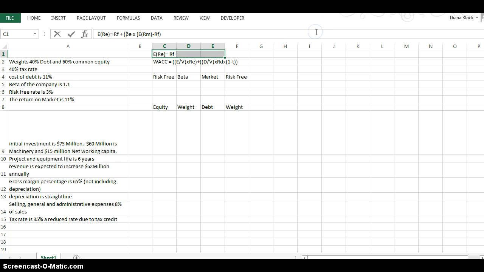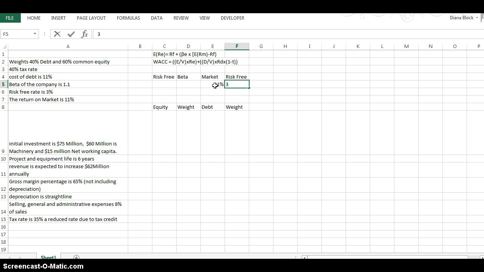It says you take the risk-free rate plus the quantity of the beta times the market rate minus the risk-free rate. So the first thing you want to do is take the market rate and subtract the risk-free rate. I'm going to add that information here. The market rate is 11%.